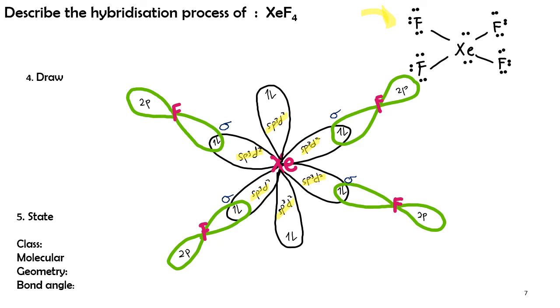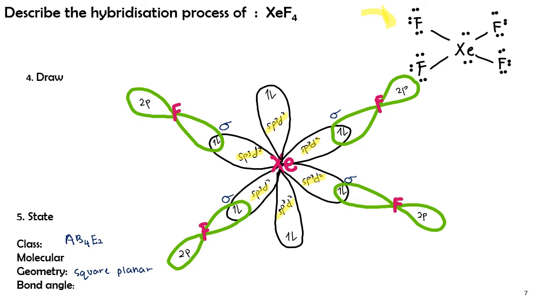And then the class here will be AB4E2, and then the molecular geometry will be square planar. And the bond angle ini hanyalah between Xe.